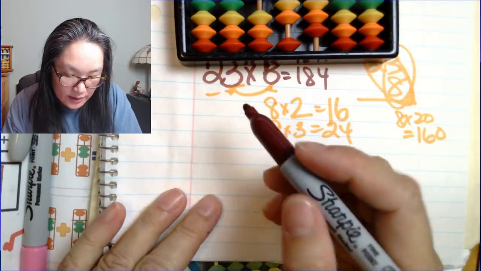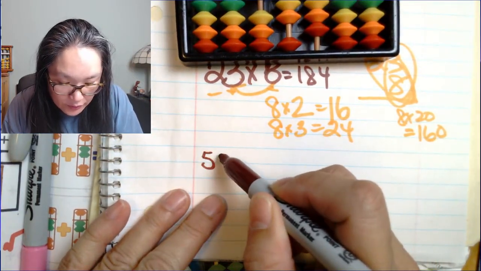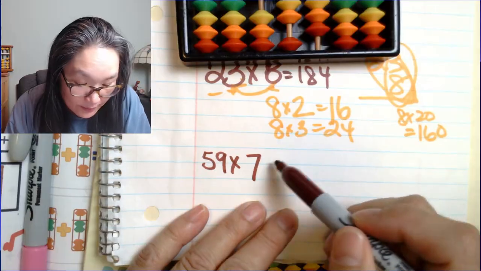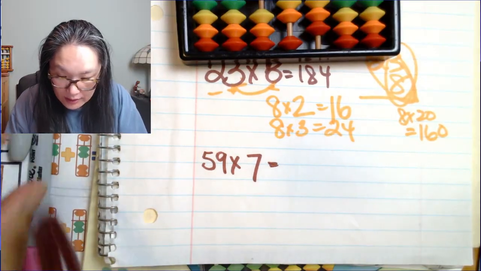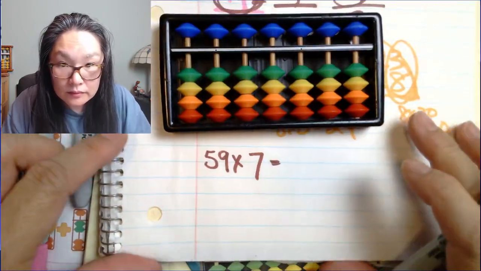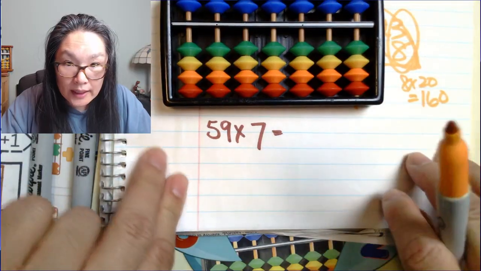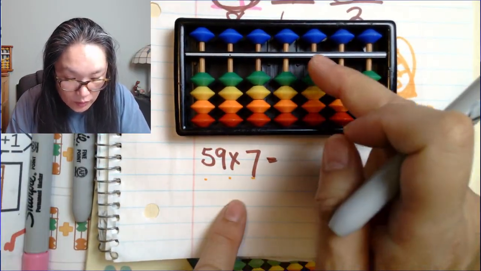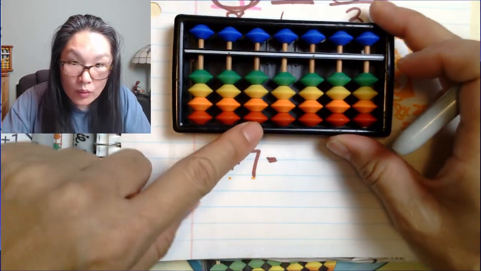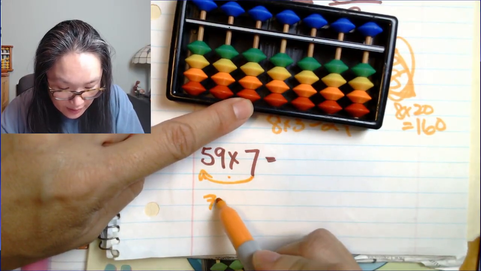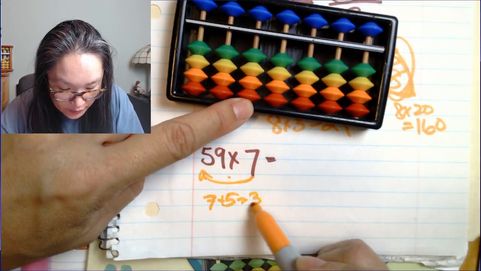All right, we can do another one. So let's say 59 times 7. It's the same thing. Again, what we're going to do is find our starting point. So I'm going to do 7 times 5, which is equal to 35.